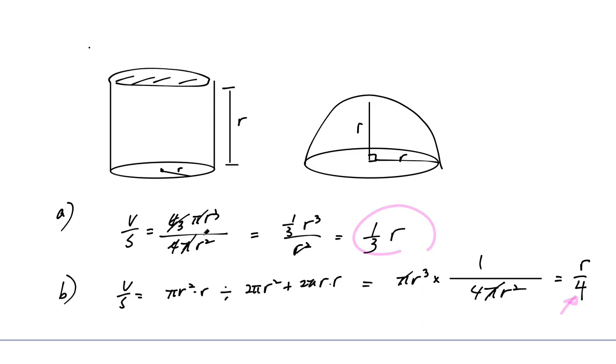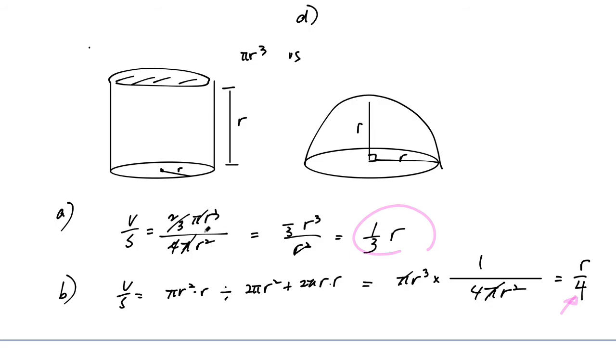Now compare the volume of the two tanks. So for part D, the volume of this was pi r squared times r, so it's pi r cubed, versus this one. Actually, they used 4 over 3 here, but it should have been 2 over 3 because it's a hemisphere.